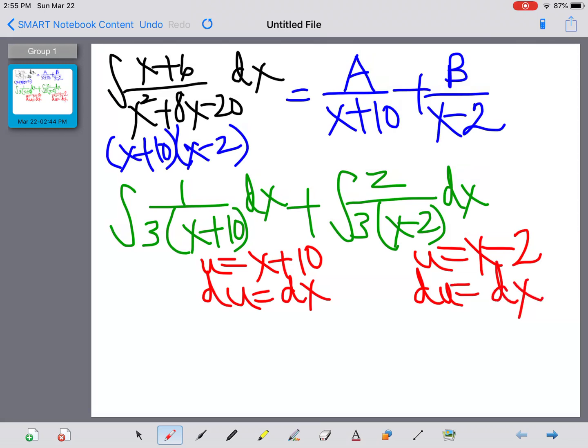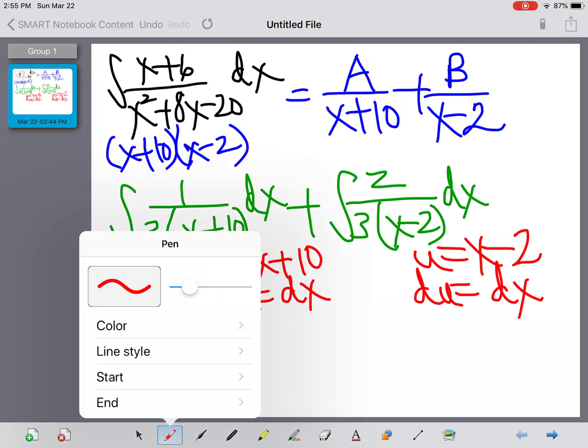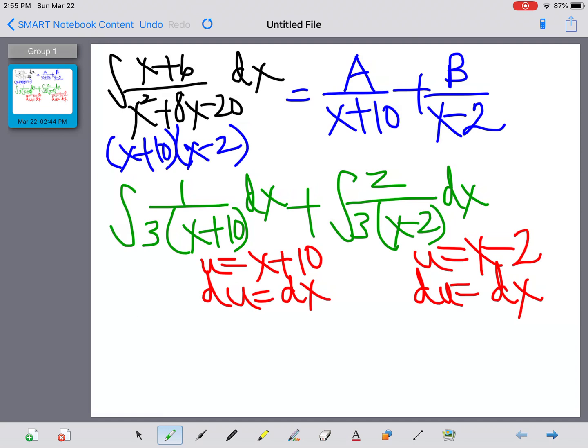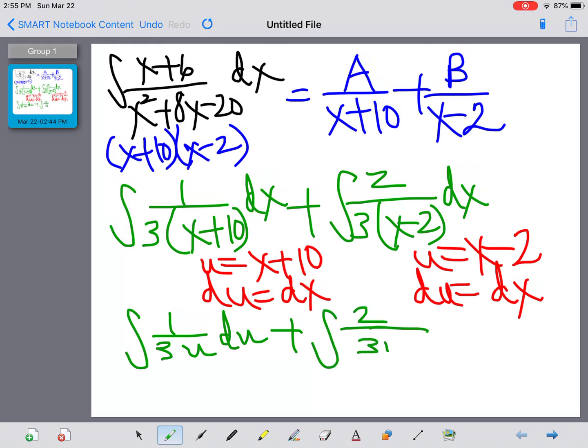And du is still dx. So plugging in our u and du respectively, we have now, for the first fraction, 1 over 3u du plus the second integral, 2 over 3u du.